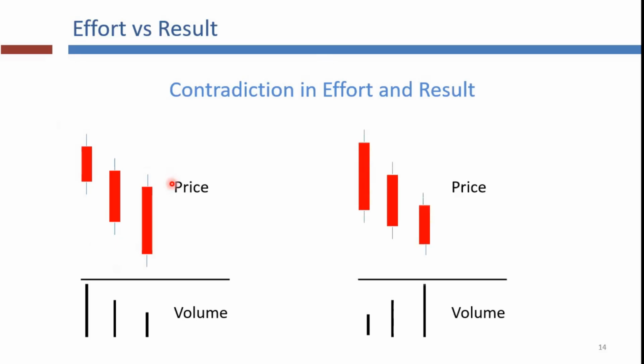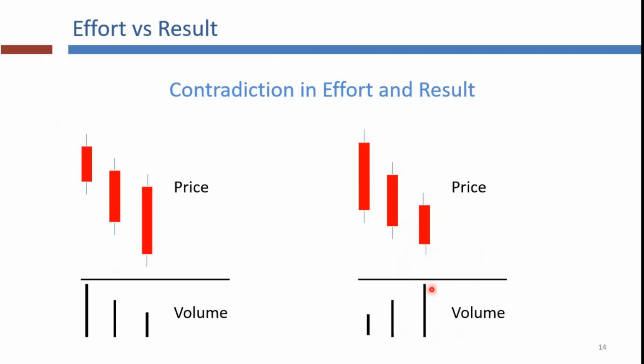Now let us look at the second example. What you can see is that price is decreasing, but volume is increasing. Now, according to the second rule, decreasing price with increasing volume represents seller's interest. However, if we add the spread parameter to this, our opinion changes, because you can see that the range of these candles is decreasing.